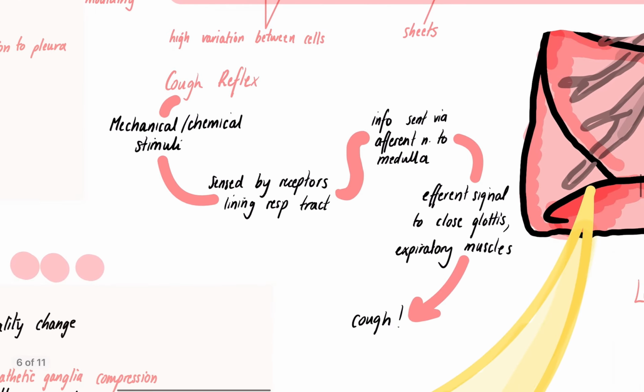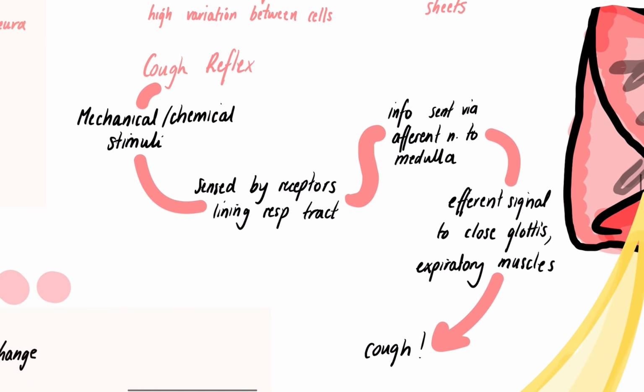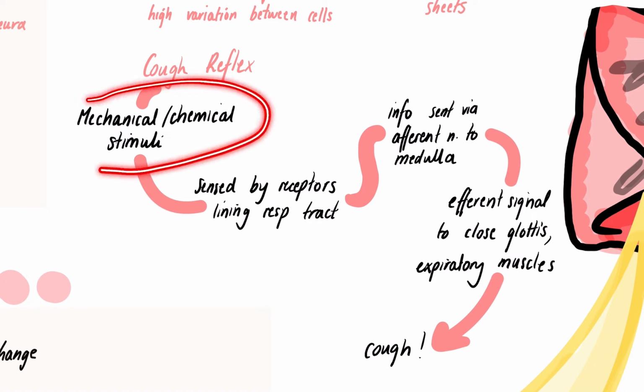Now, looking at the cough reflex itself, I'm just putting this in because it's something I just learned, and it's a possible exam question for us. So this is how the cough reflex works. You get mechanical or chemical stimuli in the respiratory tract, and this is sensed by receptors which line the respiratory tract.